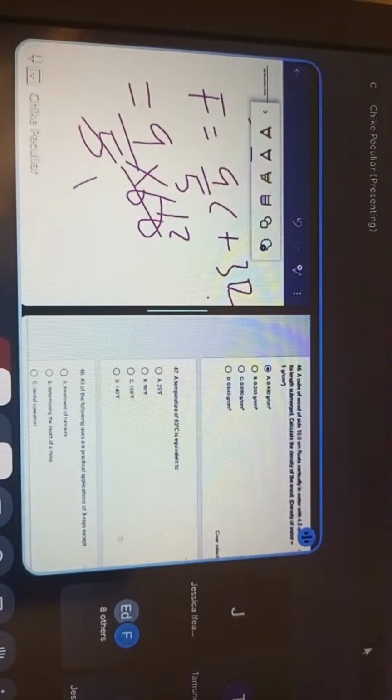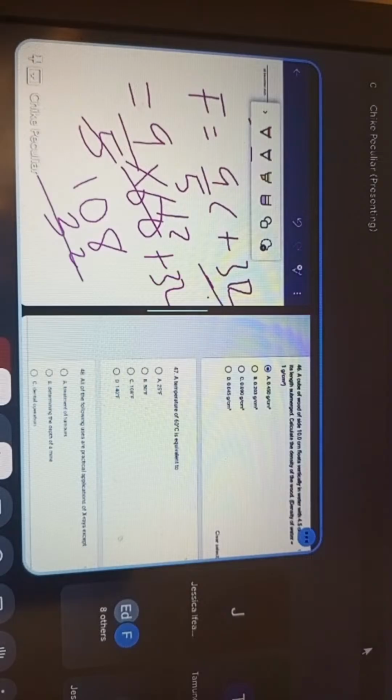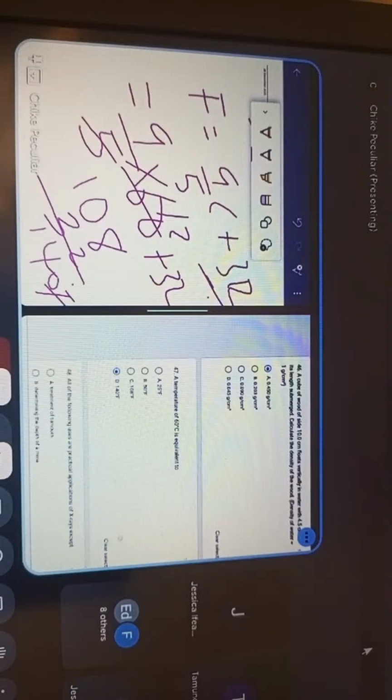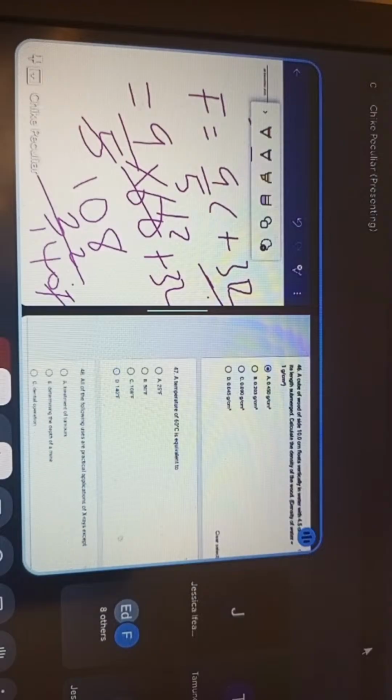So we have 9 times 12, then plus 32. 9 times 12 is 108, then plus 32 will give me 140 degrees Fahrenheit. So the answer there is option D. Is that clear?